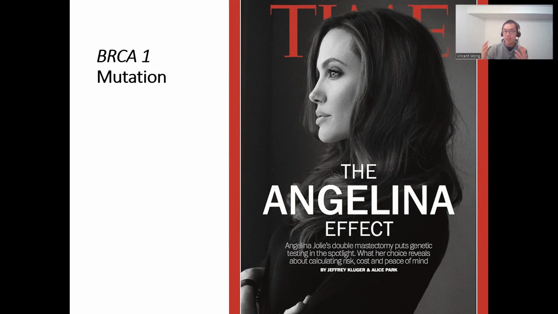So to minimize the chance of getting breast cancer, she actually went and did a double mastectomy, which basically means she had her breasts removed. And that lowered her risk significantly, right? Because now the breast tissue is not there. You can't really get breast cancer without those. That actually caused other people to want to do the same thing.